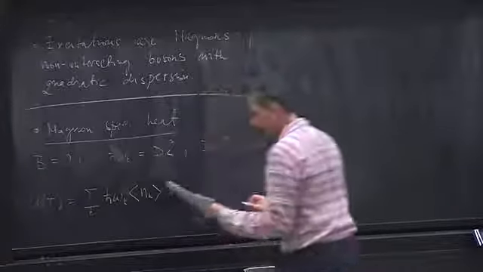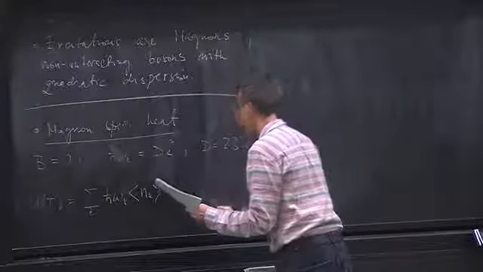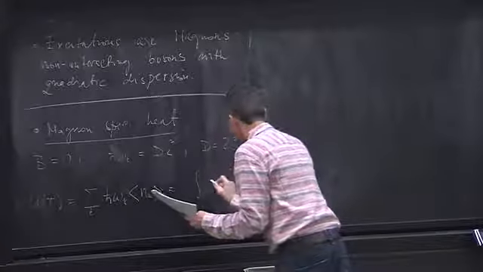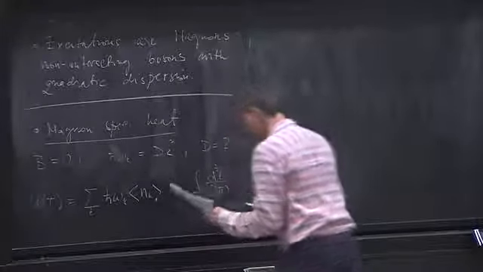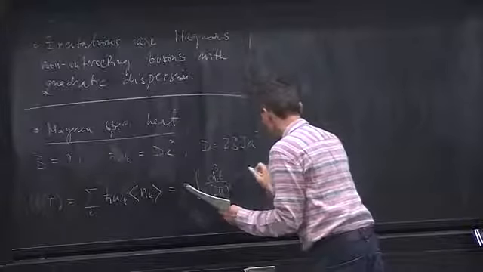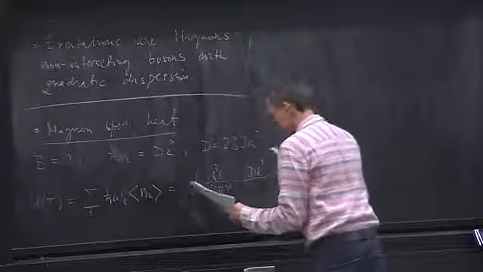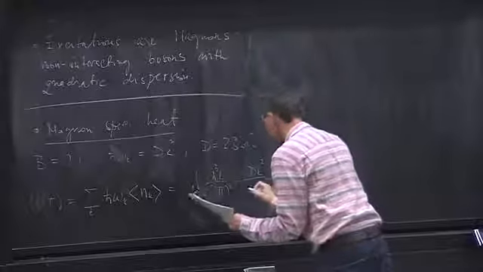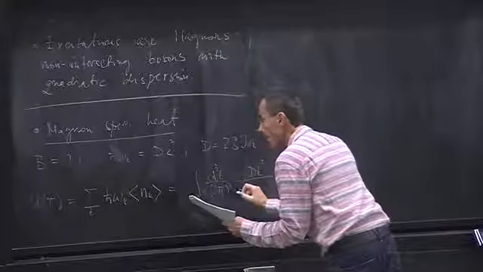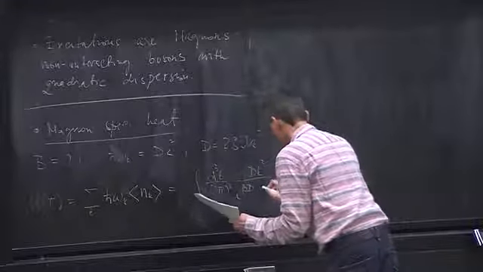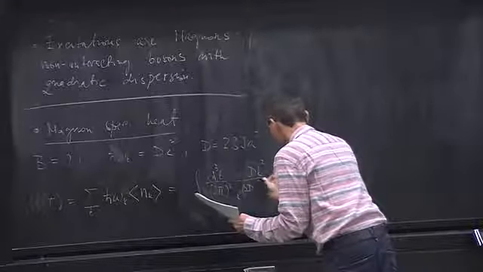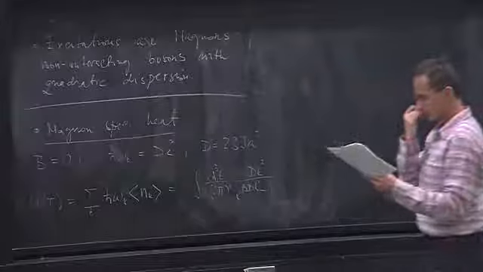And I immediately rewrite this as an integral, d3k over (2 pi) cubed, D k squared divided by e to the beta D k squared minus 1.